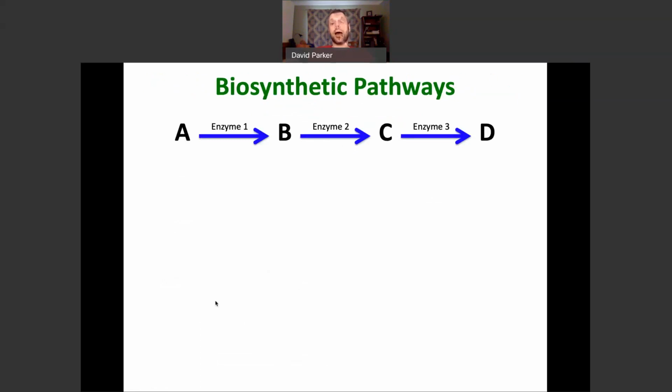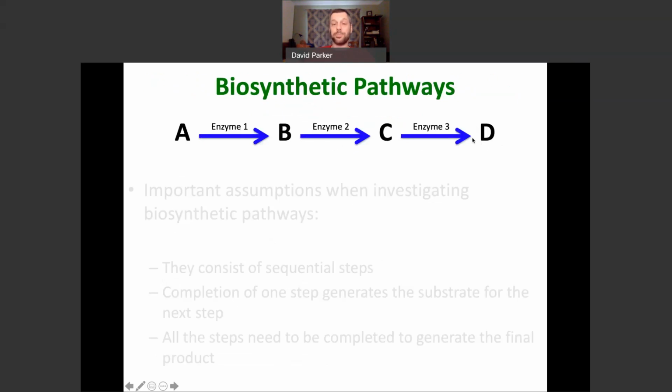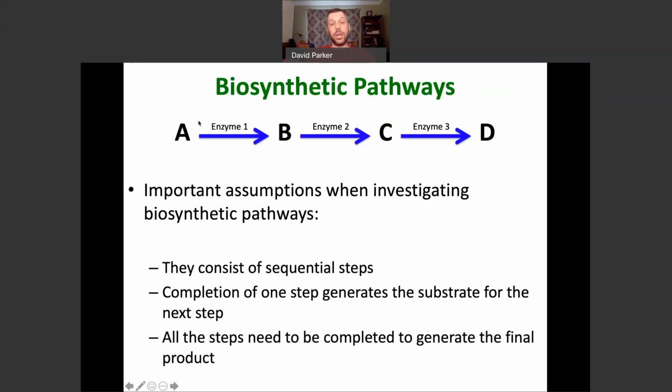It's the simplest of the three. So here's an example of a biosynthetic pathway. This is, of course, a made-up one. And this is similar to getting the purple pigment that we saw in the sweet pea exercise previously. So what we want to make here is compound D. A, B, C, and D are all separate chemicals or compounds.